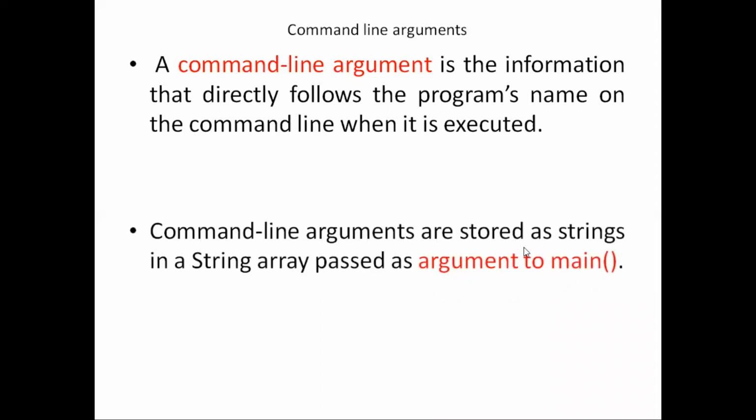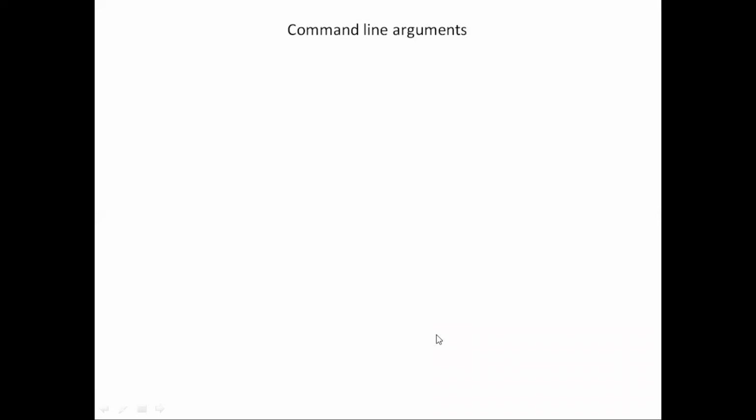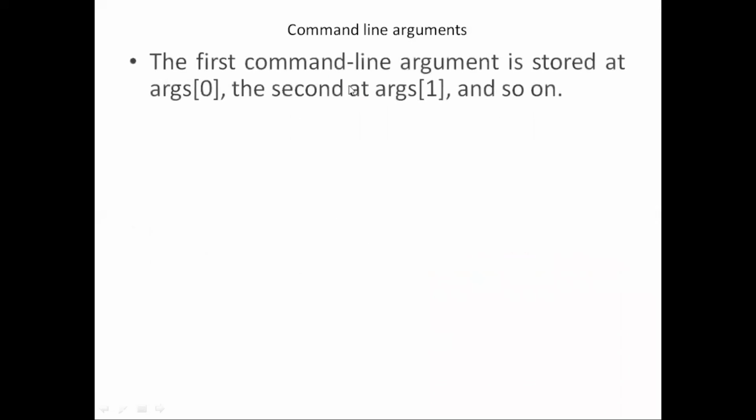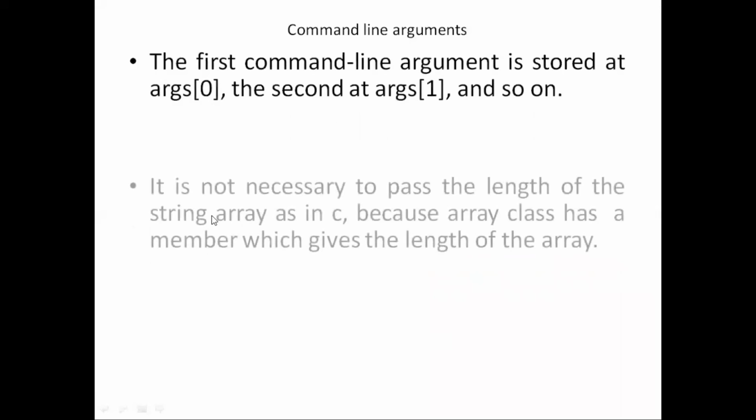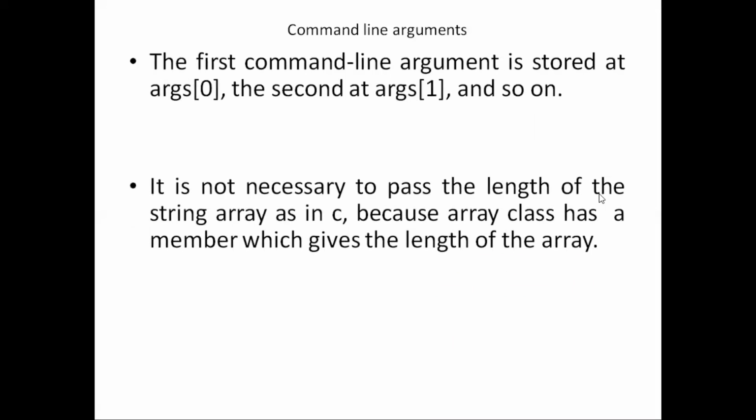Command line arguments are stored as strings, in a string array which is passed to main. The first command line argument can be accessed, because I am giving the name of the array as args, as args[0]. The second one is args[1].